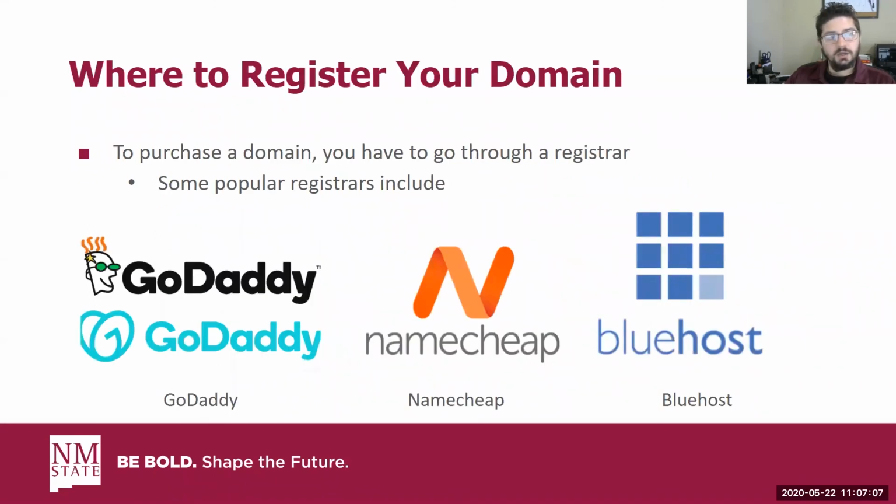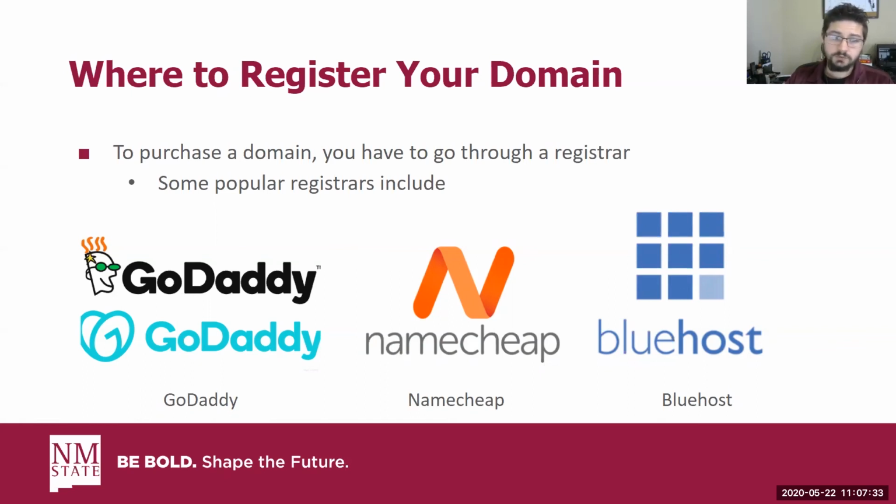Now you might be wondering where do you buy your domain? Where do you buy your digital real estate? There are certain companies out there called registrars. Think of these as digital real estate agencies. They help you with all the paperwork you need when you buy your domain name. The cheapest place I have found to buy a domain name is Namecheap.